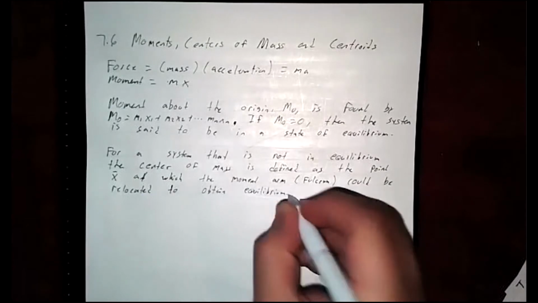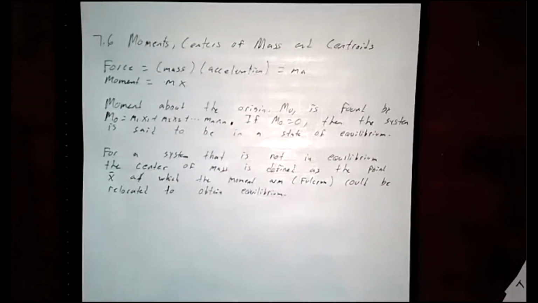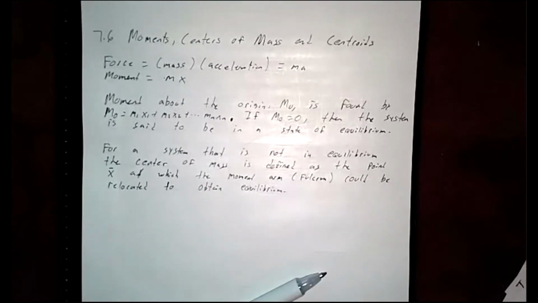And just to make this all simple, in case this makes no sense, basically the idea is you have some object. We're going to do it in two-dimensional space because 3D is not in the scope of this class. Let's say you had a 2D plate, and you want to balance it on a fulcrum, or a pointy stick or a needle.